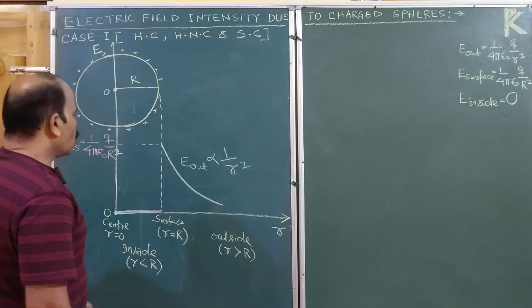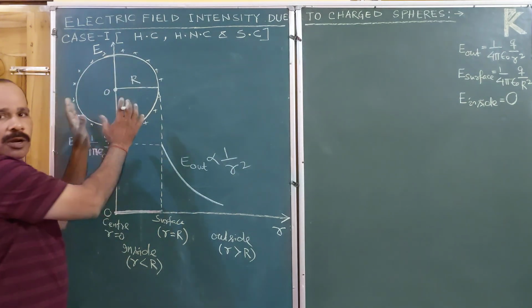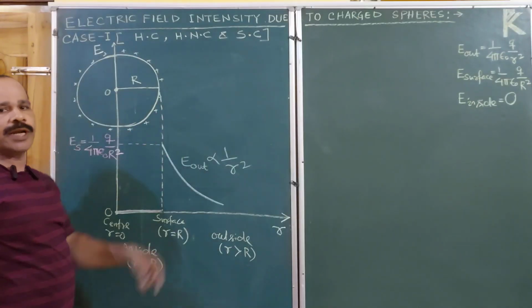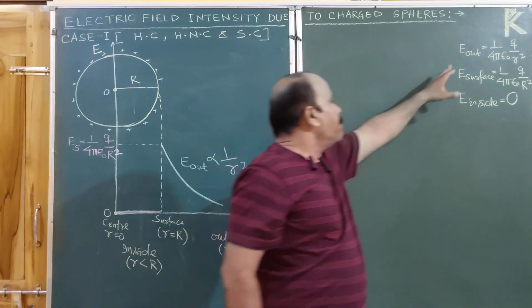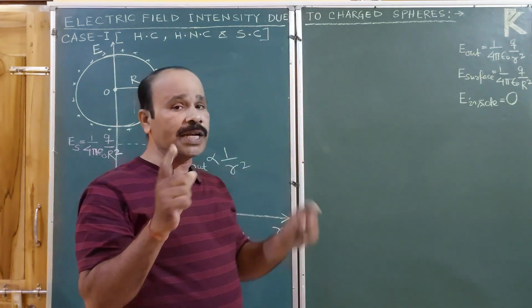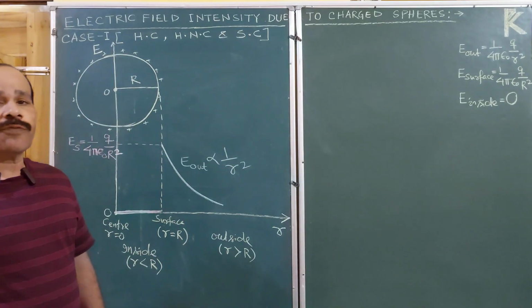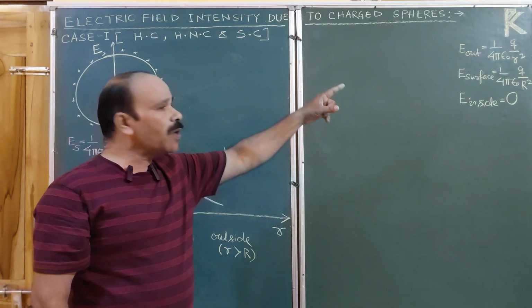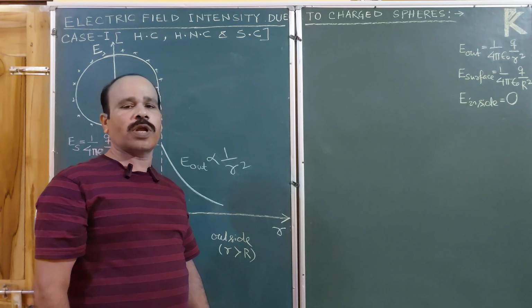So that means this sphere behaves like a point charge for an outside point, because this expression matches the electric field intensity due to a point charge, which is 1 divided by 4 pi epsilon naught, q divided by r square.